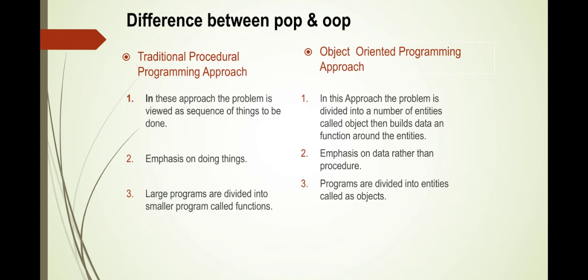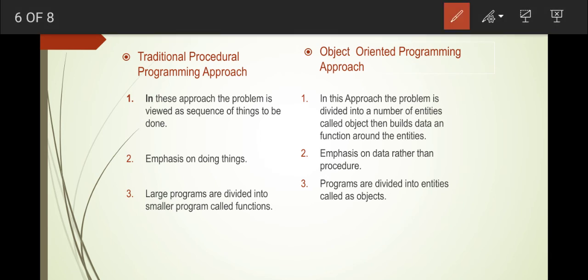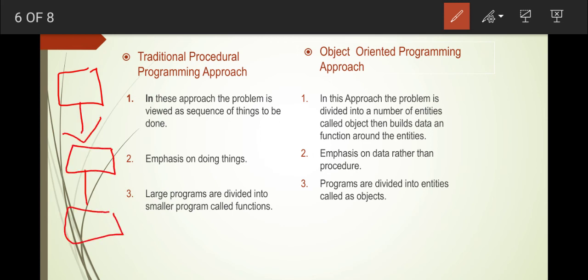For example, suppose one program is there. In procedural oriented programming, one module is executed, after that the second module, after that the third module is executed. So in this program a sequence is followed, with emphasis on doing things. Likewise, whatever HTML programs we see, you follow the sequence.